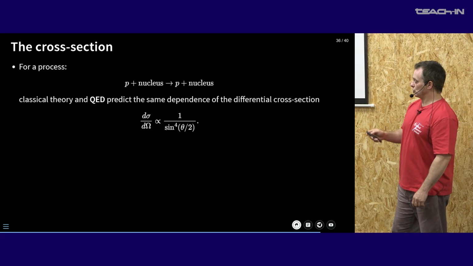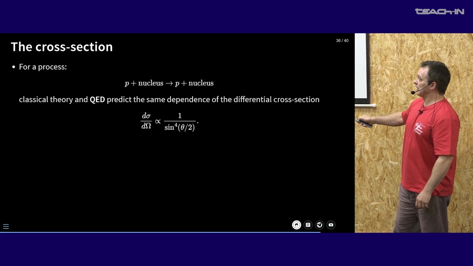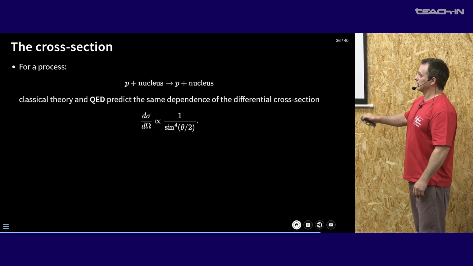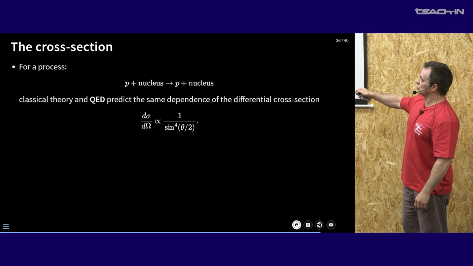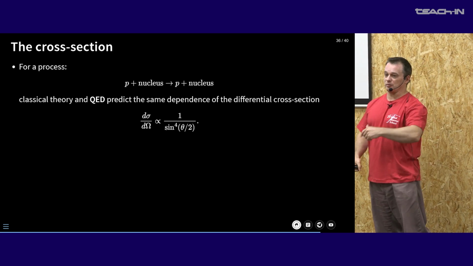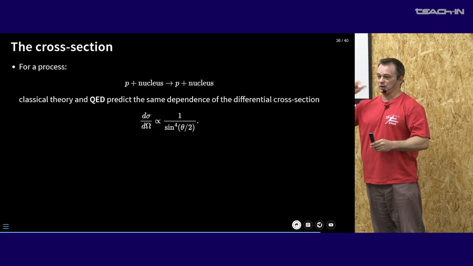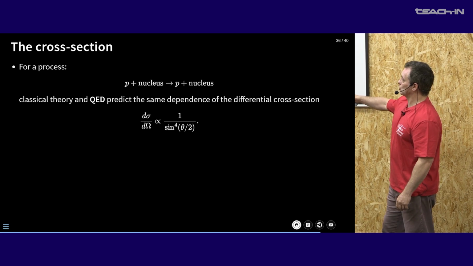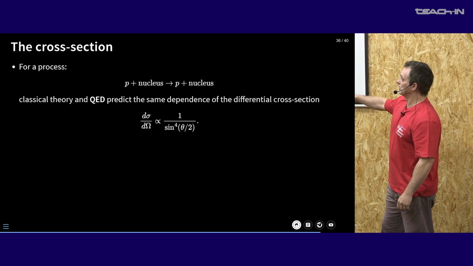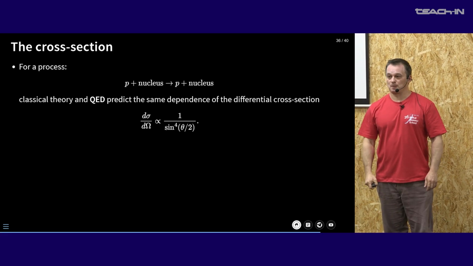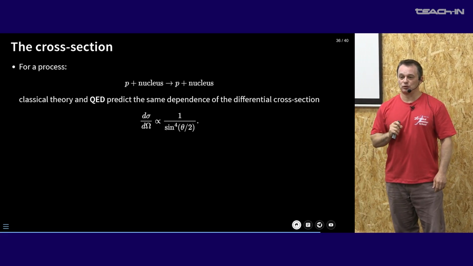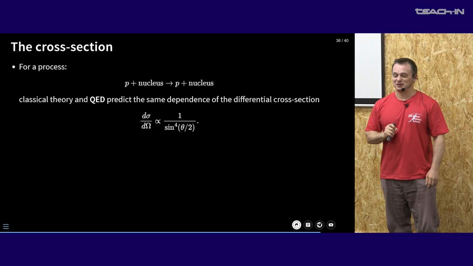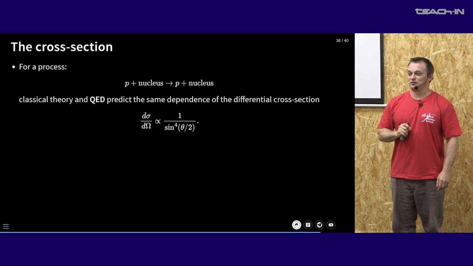In classical theory or in quantum electrodynamics, you both end up with the differential cross-section for scattering into a given angle, as in that video where it was scattering back at a certain angle. It is inversely proportional to the sine to the power 4 of the scattering angle over 2. Already here you can realize that there might be a problem, because if theta goes to 0, the cross-section goes to infinity.